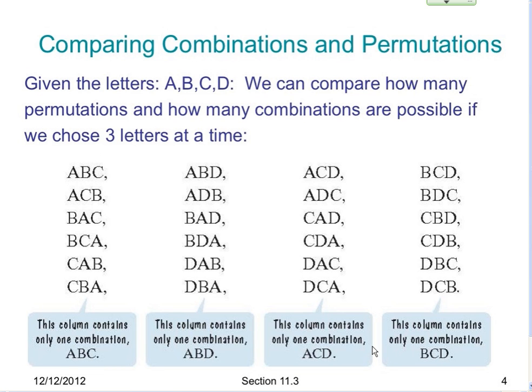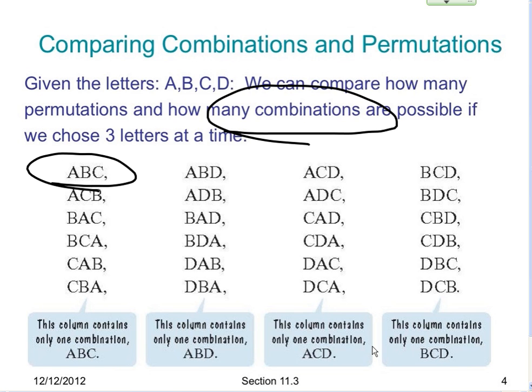So does it matter whether you go first, second, or third? Absolutely, I would rather win the $1,000. On the other hand, let's suppose we pick 3 people and we're going to send all of them on a trip to Washington, D.C. So does it matter how we pick? No. Those would be combinations.